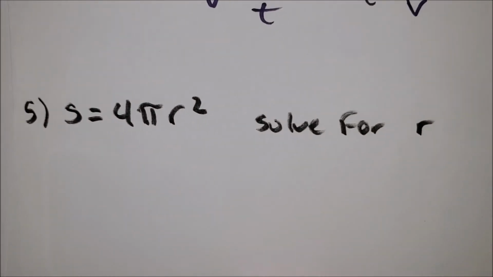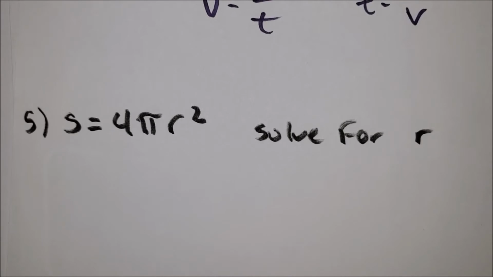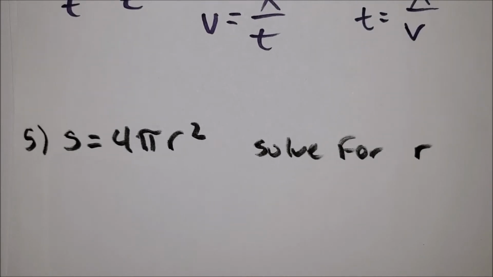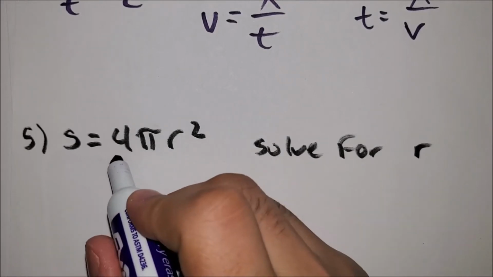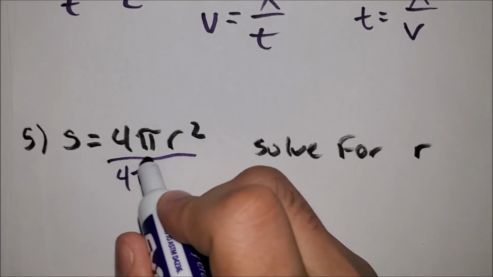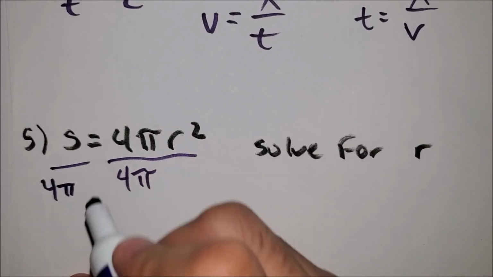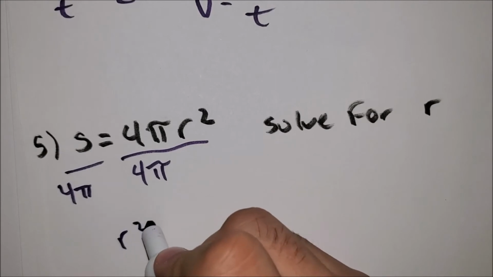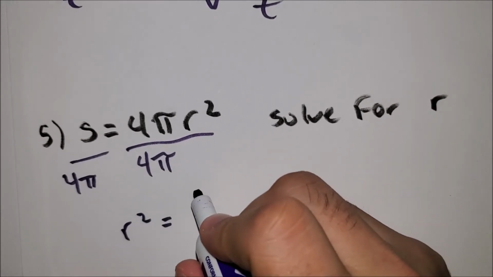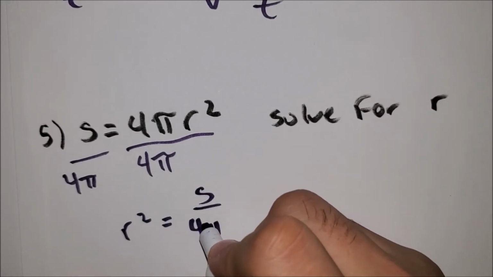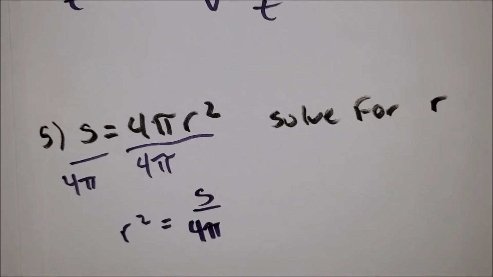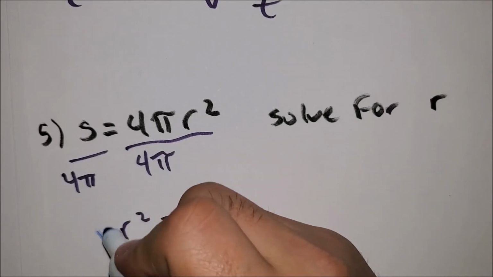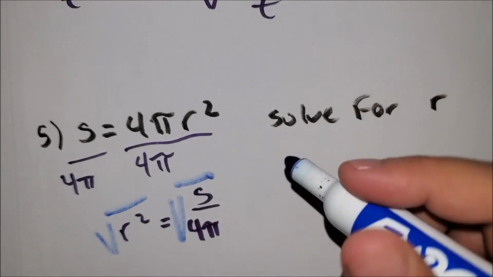So now let's look at S equals 4 pi r squared, and we're going to solve for r. To do this, we just simply divide out 4 pi from both sides. And this gives us r squared equals S over 4 pi. Now we're trying to get r, not r squared. So the next thing we're going to do is square root both sides.